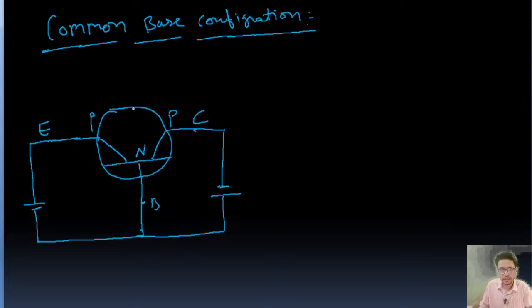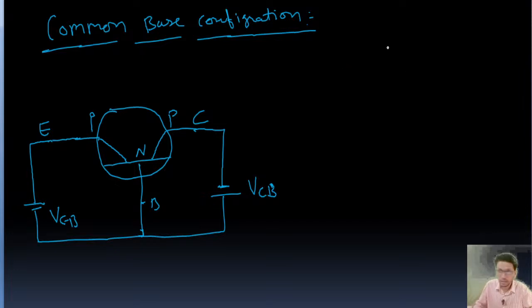And here, for this PNP transistor, you can see this is VEB, my apologies, VEB voltage I'm talking about, and this is VCB. Because base is common, this is the common base configuration for PNP. This is forward bias, this is reverse bias.